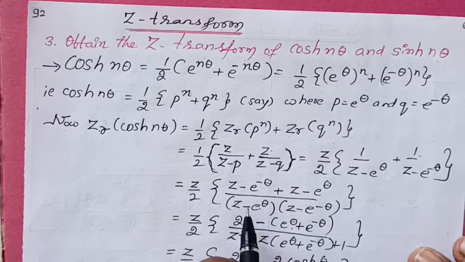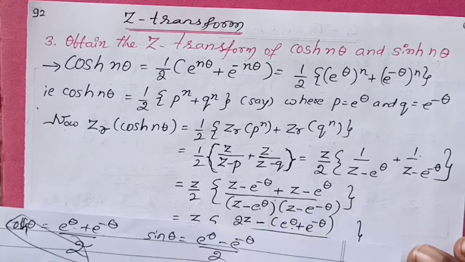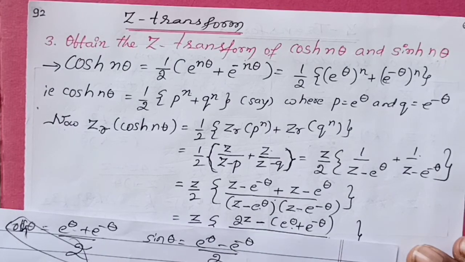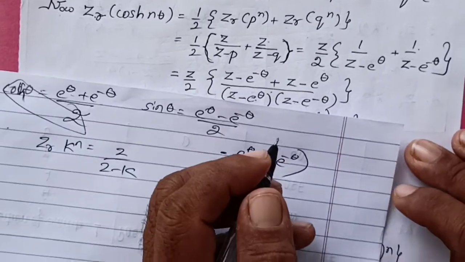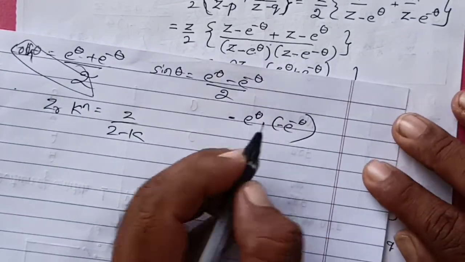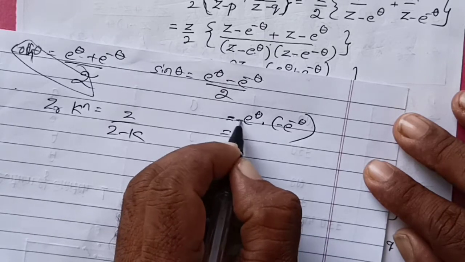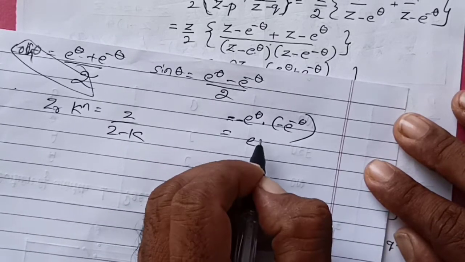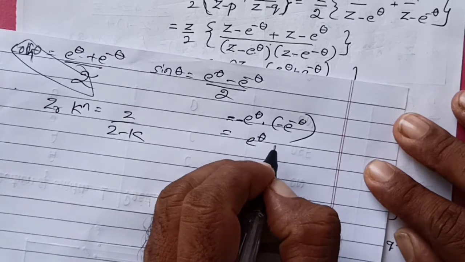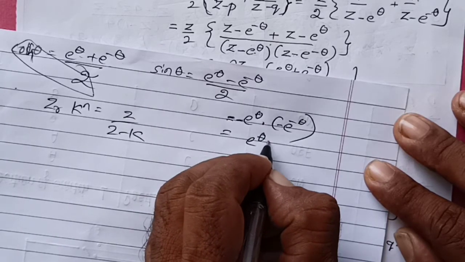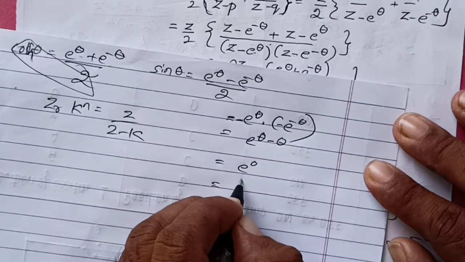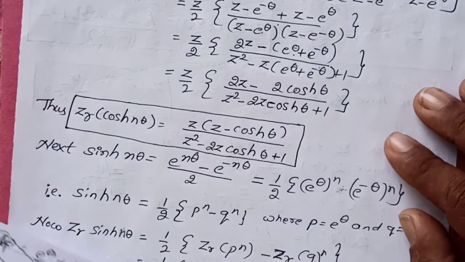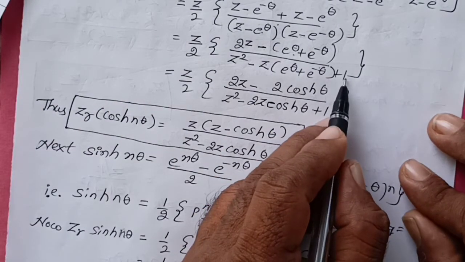Next, the last term: minus into minus plus e raised to theta, so e raised to theta into minus e raised to minus theta, so it becomes e raised to theta minus theta, so e raised to 0. e raised to 0 is always 1, so it becomes 1.